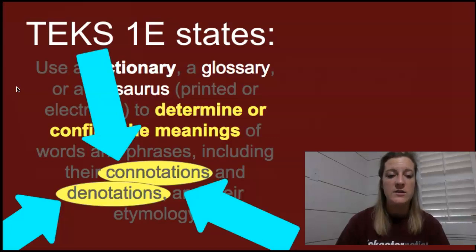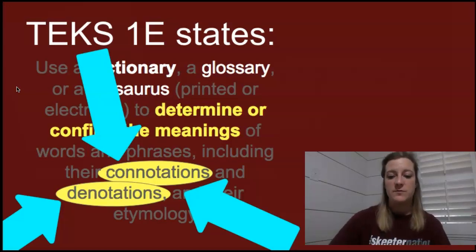And denotations is the dictionary definition. So you are using these three resources to determine or confirm meanings of words, and deciding, using that knowledge once you look it up, to determine the feeling or understand the definition.